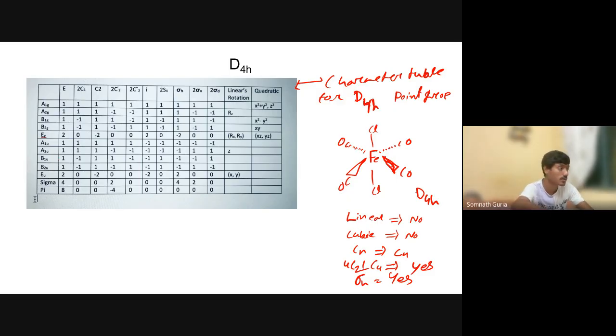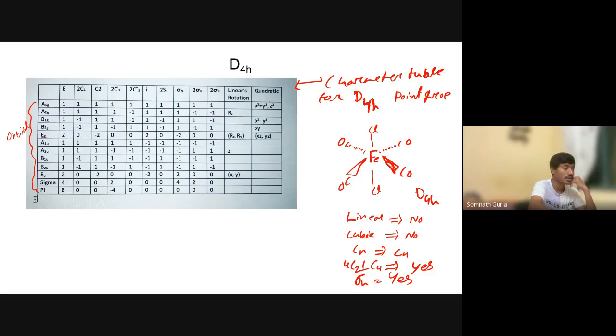This is the orbital we are talking about. In one particular orbital, is there anything anywhere where this rotation, Rx or Rz, and the associated direction x, is active or not?